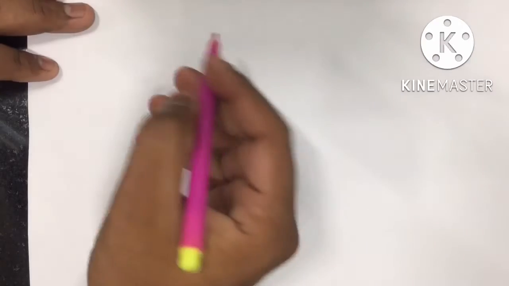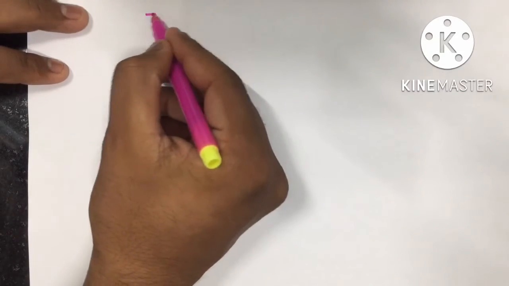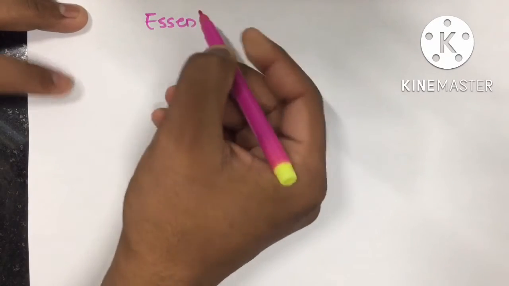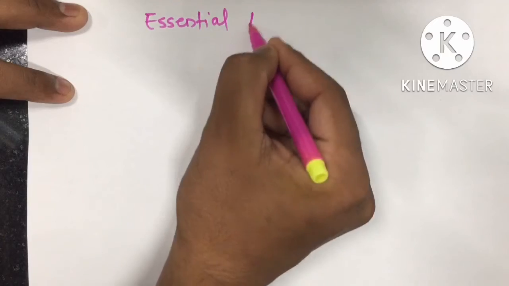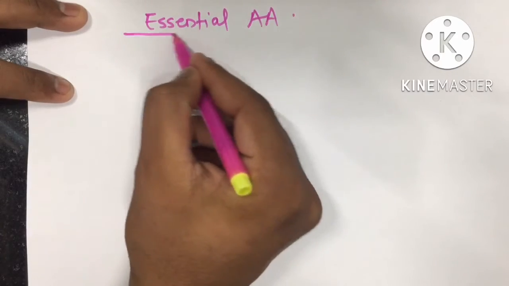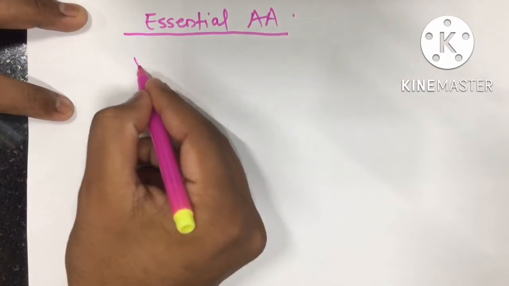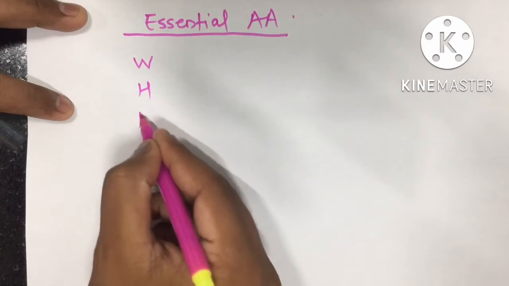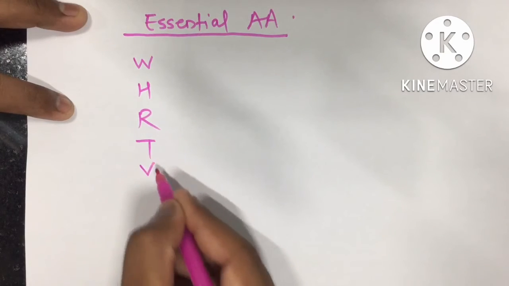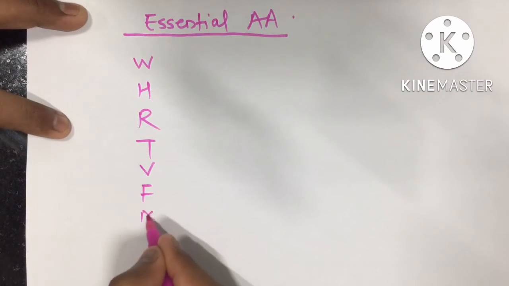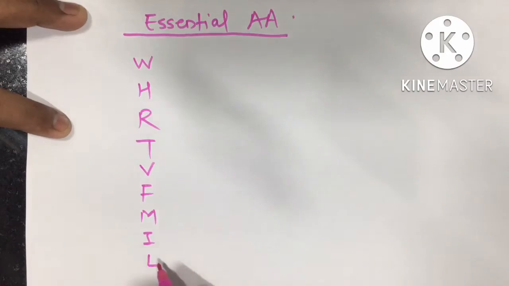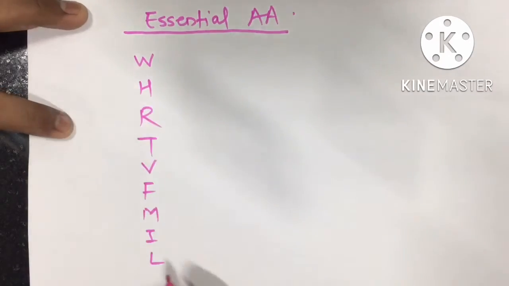We have seen the essential amino acids already. So what are those? That is W, H, R, T, V, F, M, I, L and K.